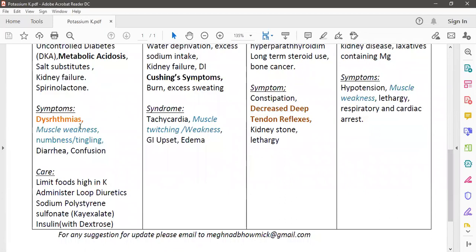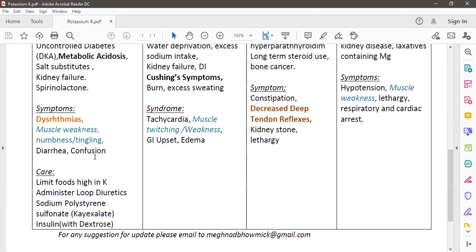So if my patient develops hyperkalemia, what are the common signs and symptoms they develop? They develop dysrhythmias, like hypokalemia, and muscle weakness. In hyponatremia, the patient also develops muscle weakness, tingling, abnormal sensation, diarrhea, confusion.